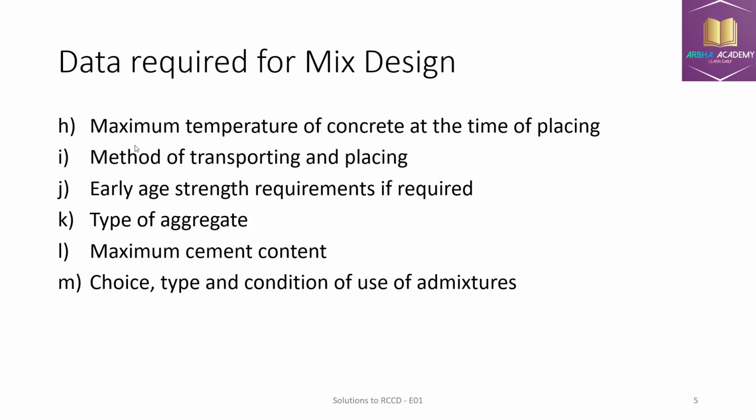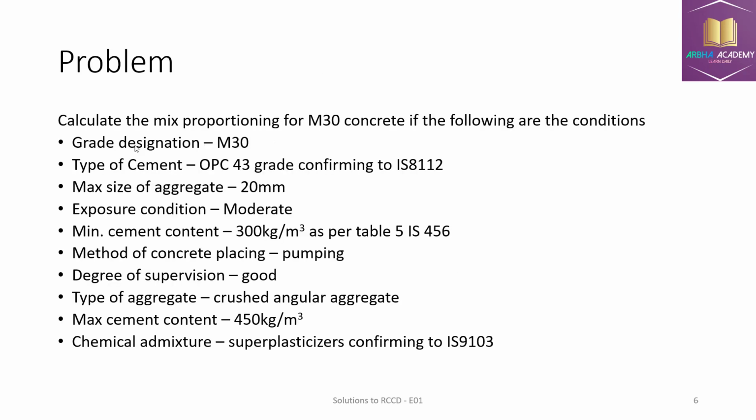So how much you're going to use, what exactly the admixture is that you are going to choose, and how you are going to include it in the mix design, at which stage or which part of the process you are going to mix it with the volume of the concrete. So everything needs to be done over here.